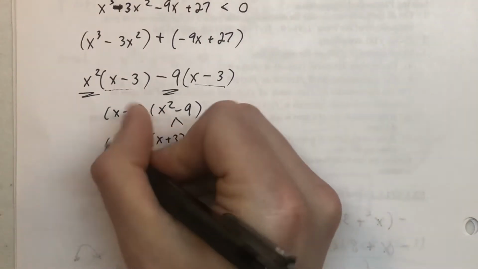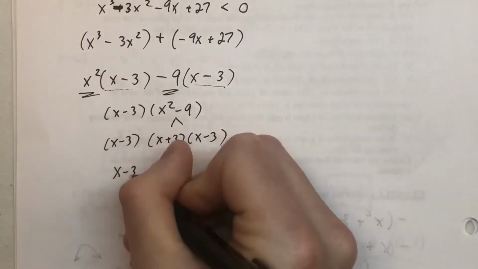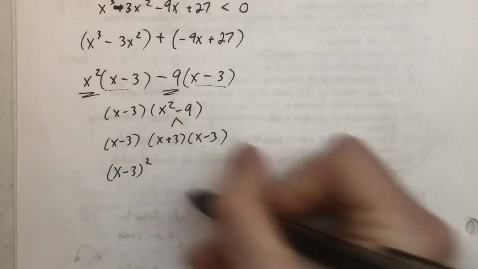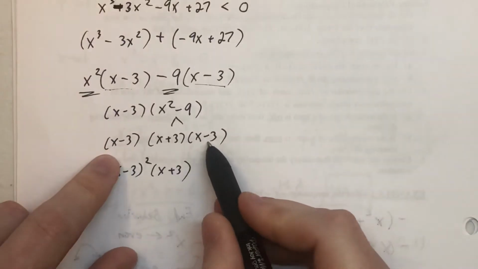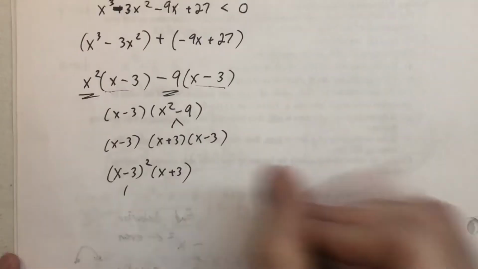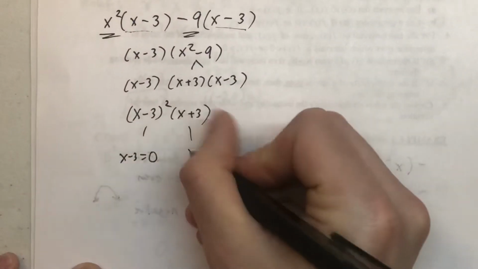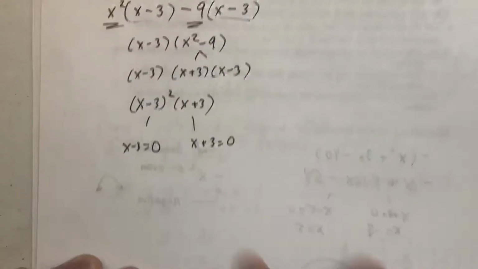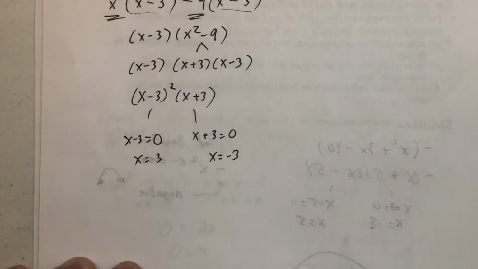We still had this factor originally of x minus 3, so very important to point out, this breaks down to x minus 3 squared and an x plus 3, right? 2 factors of that and 1 factor of that. So from there, our 2 zeros come from x minus 3 equals 0 and x plus 3 equals 0, so 3 and -3.